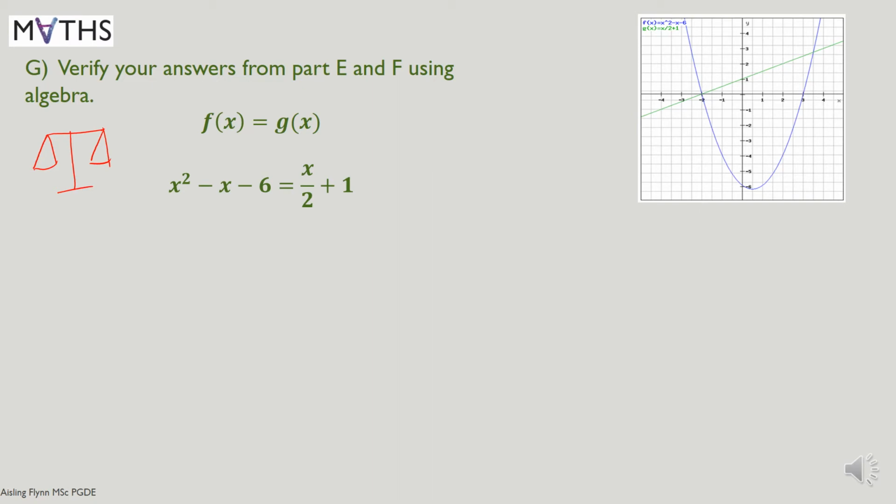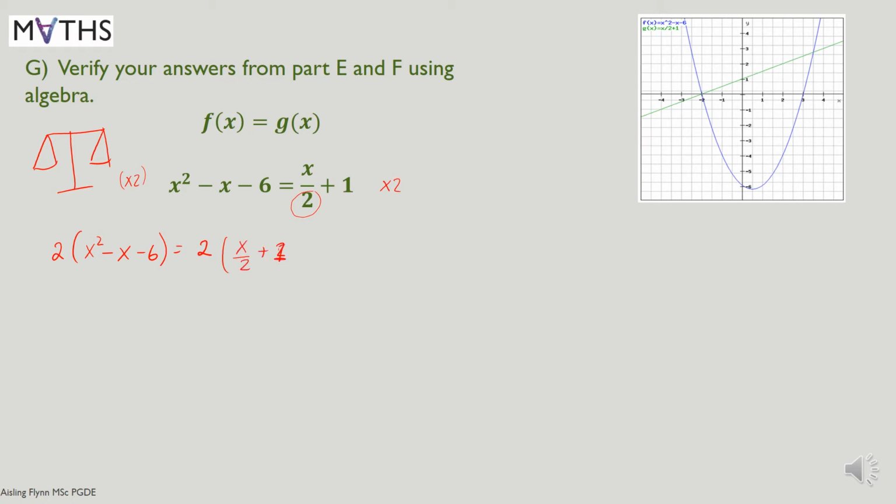Okay, so at first glance here, the first thing I see is this 2 under the line. I don't like that, it's a fraction. So to eliminate that, I'm going to multiply the left hand side by 2 and also the right hand side by 2. Right, I'm going to write that down first. Left hand side by 2, x squared minus x minus 6 is equal to 2 times x over 2 plus 2.